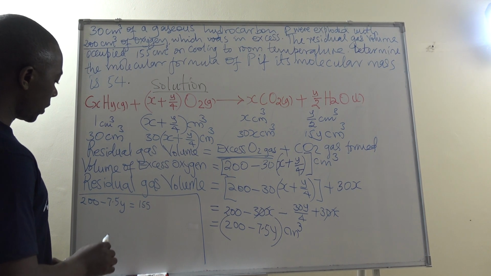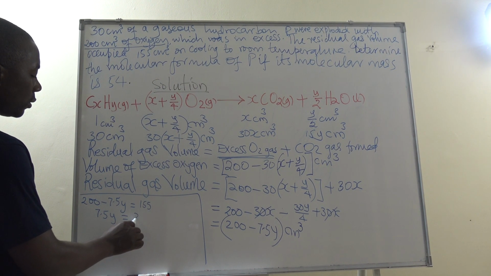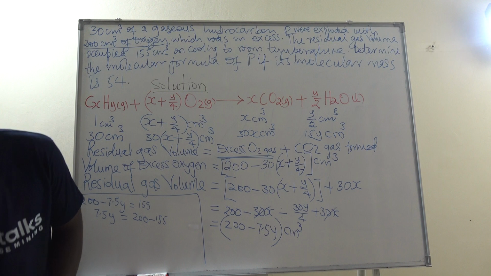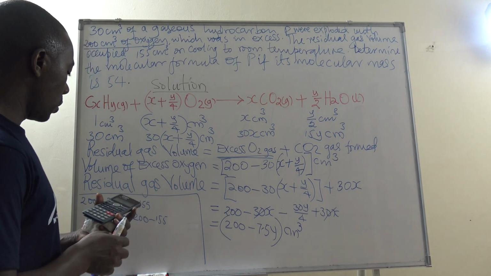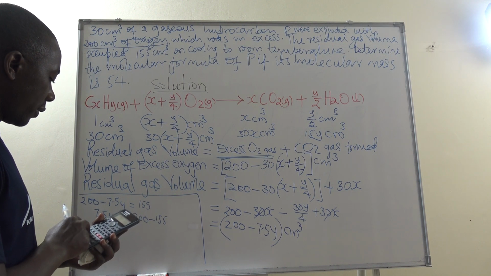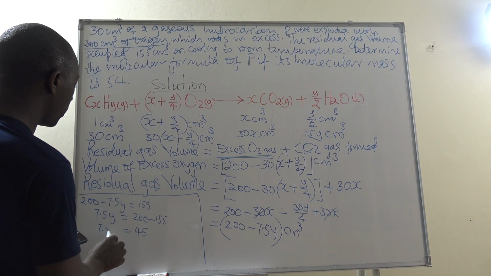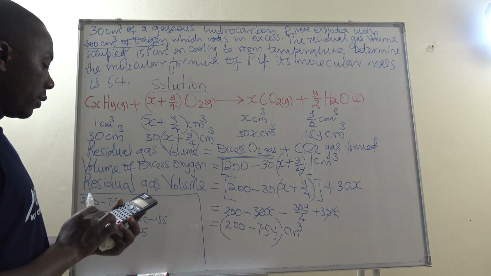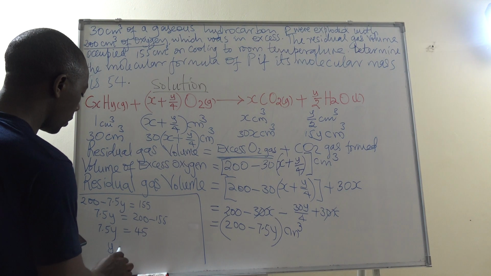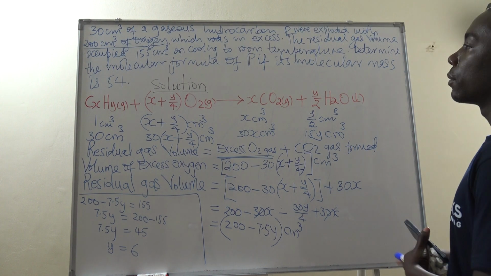So when you collect like terms, 7.5y should equal 200 minus 155. 200 minus 155 will obtain 45, versus 7.5y. So when we divide through by 7.5, we should be able to obtain y equal to 6.